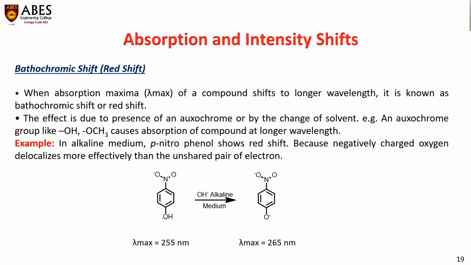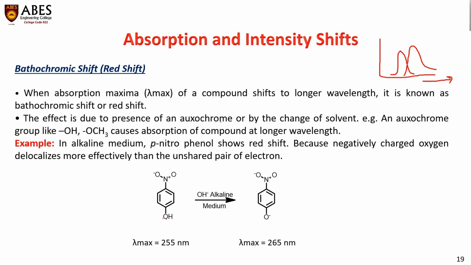Bathochromic shift. When the absorption maximum of a compound shifts to a longer wavelength in a spectrum, that is known as bathochromic shift. This effect is due to the presence of an auxochrome, which increases the conjugation, or by a change of solvent.